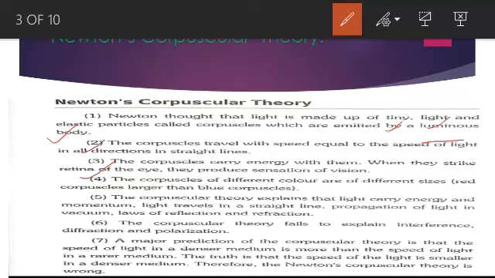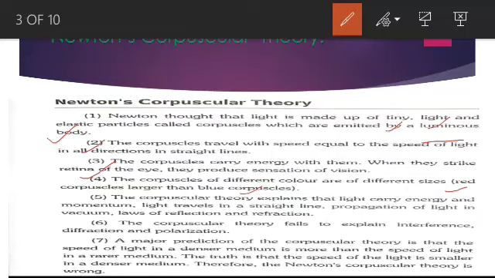As we know, in terms of wavelength, the wavelength of different colors is different, and the wavelength of red is longer than the other colors. Similarly, the size of the corpuscle for red color will be larger than the blue corpuscle.